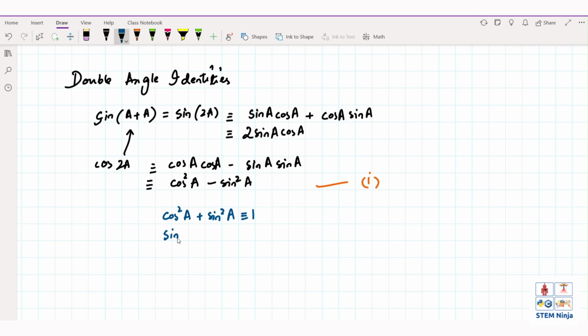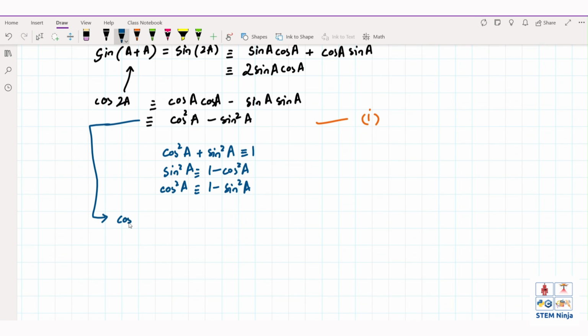So sine squared A is 1 minus cos squared A, and cos squared A is identical to 1 minus sine squared A. Now let's rewrite this thing in the form of one or the other.